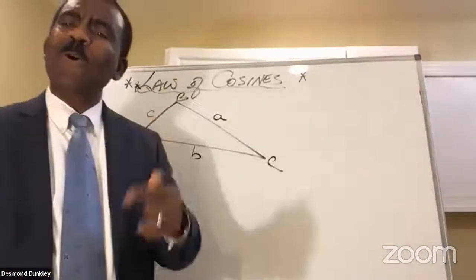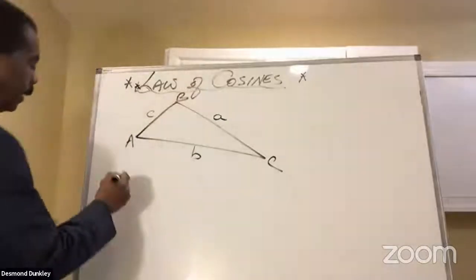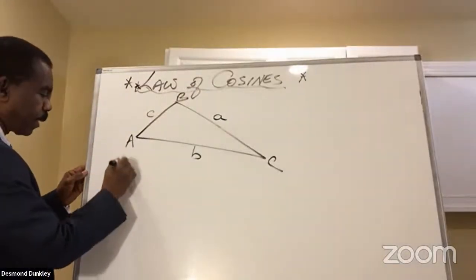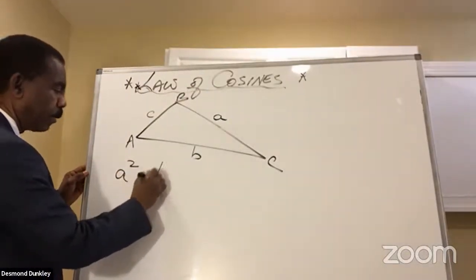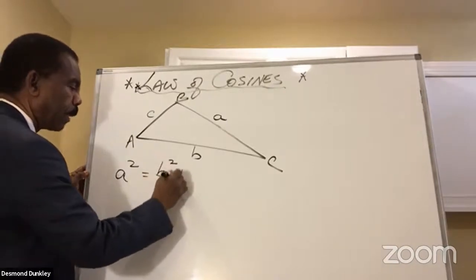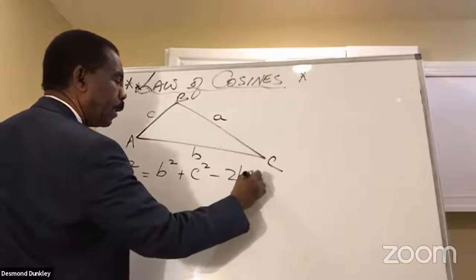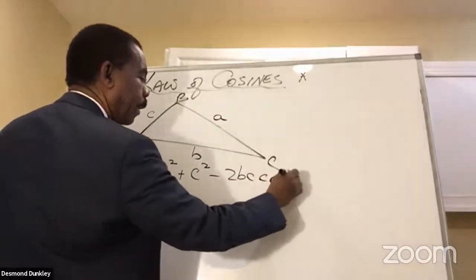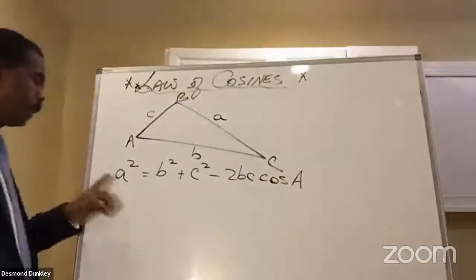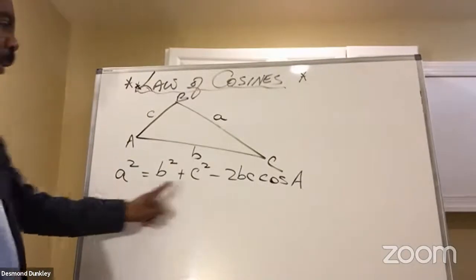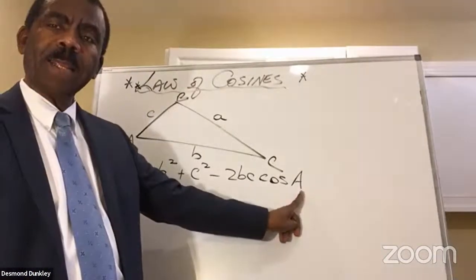According to the law of cosines, a squared is equal to b squared plus c squared minus 2bc cosine of A. So notice we start with side A, we end with angle A.